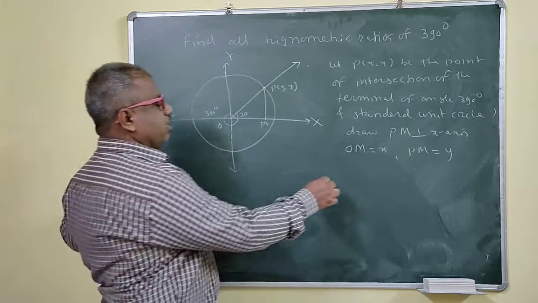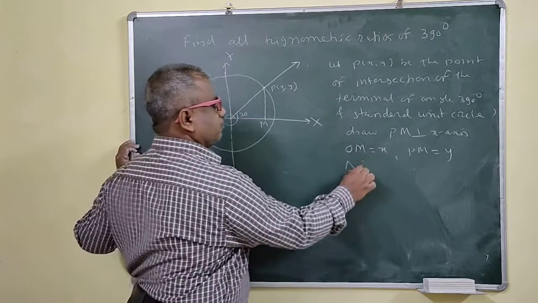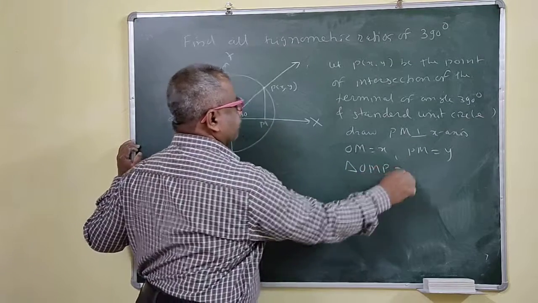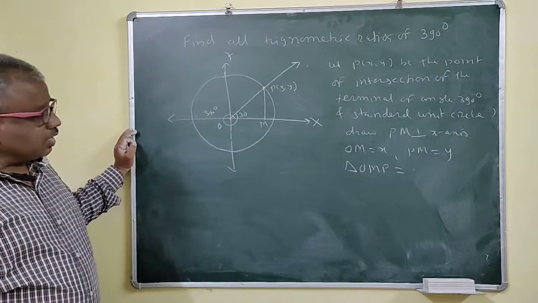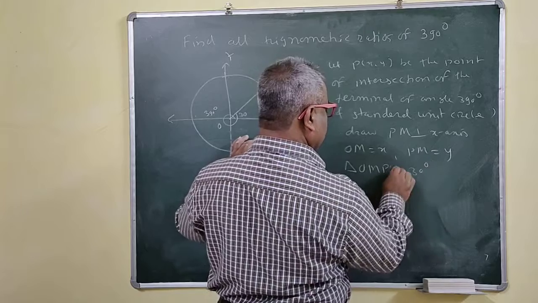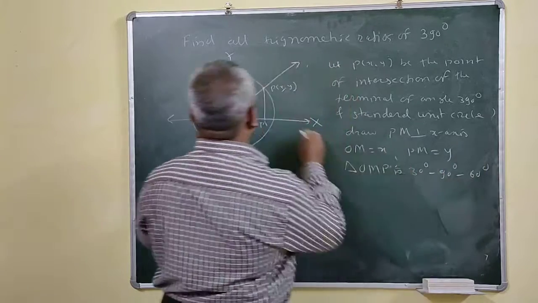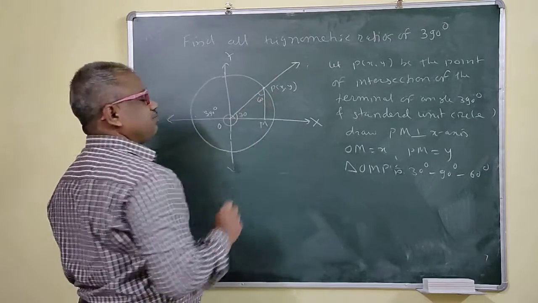Okay. Now this triangle, OMP, is a right angle triangle. So this is 30, 90 and 60 degree. This angle will be 60 degree then. Right?